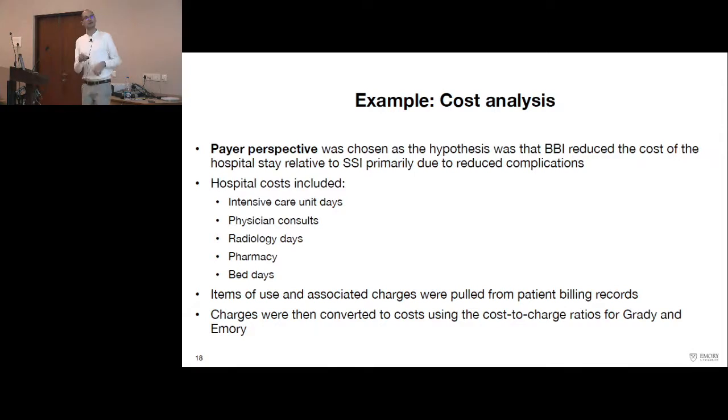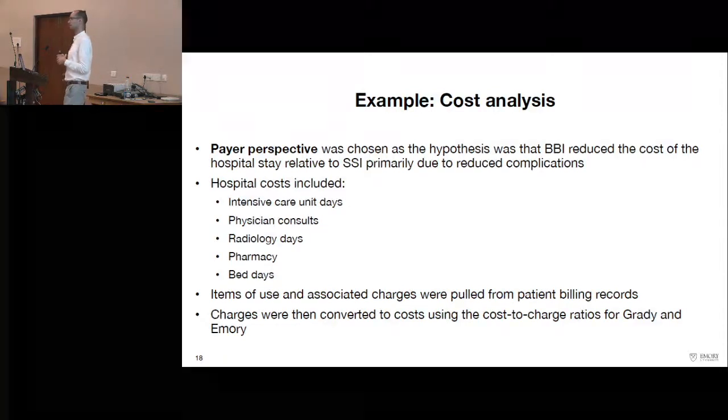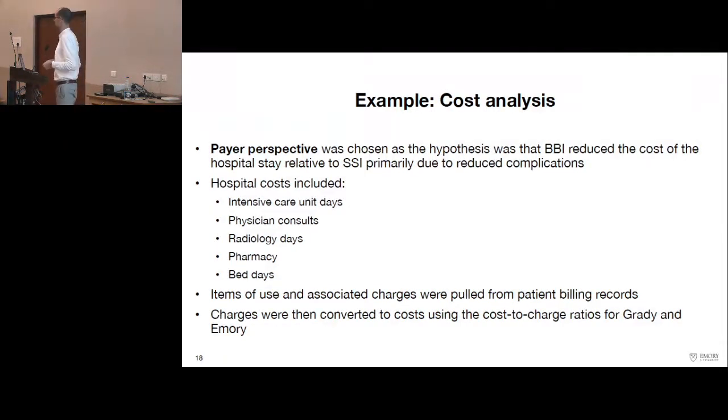But there are these cost-to-charge ratios that are estimated by other researchers. So to get the actual reimbursements, or estimates of the actual reimbursements, it's possible to take the charges, then multiply them by these ratios, and that is a good proxy for the actual costs.